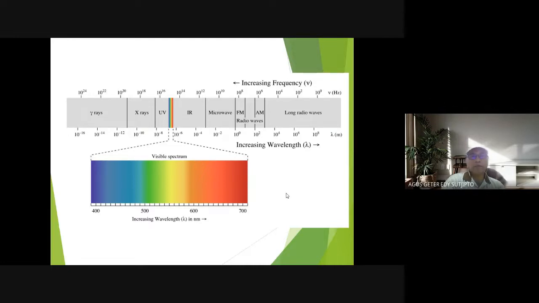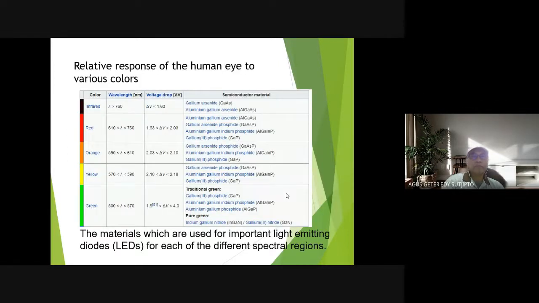In the middle, we have green, yellow, etc. So this is the semiconductor material that can produce the colors. Gallium arsenide produces the infrared that we cannot see, and there are too many applications of the infrared.